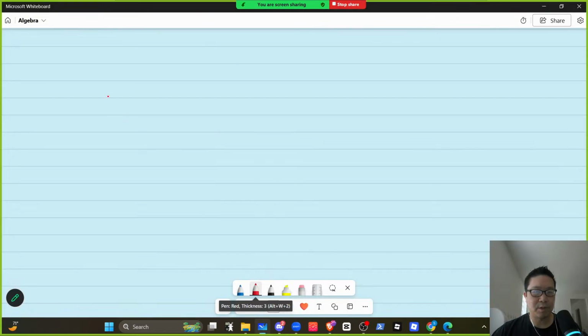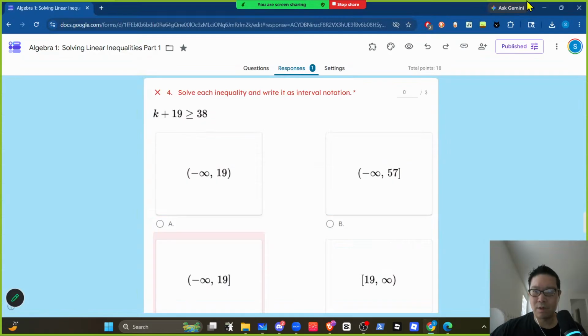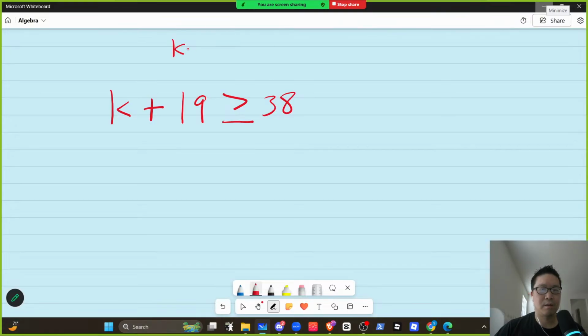So the problem was K plus 19 is greater than or equal to 38. And I asked you to solve for K and then put it in interval notation.